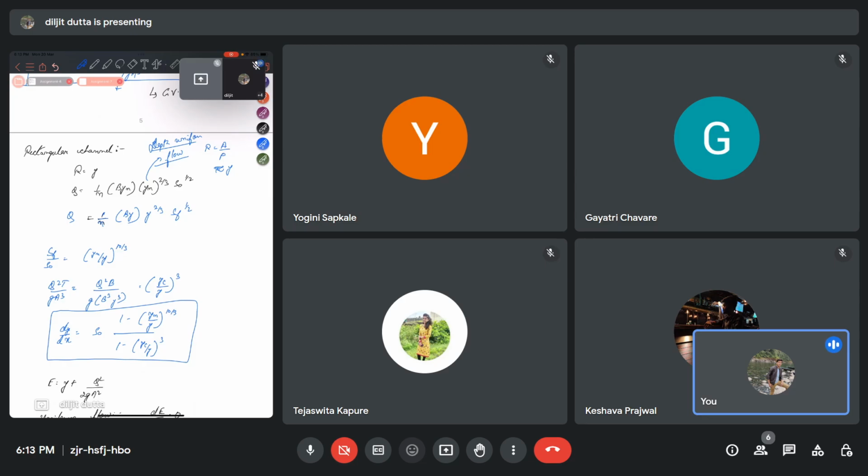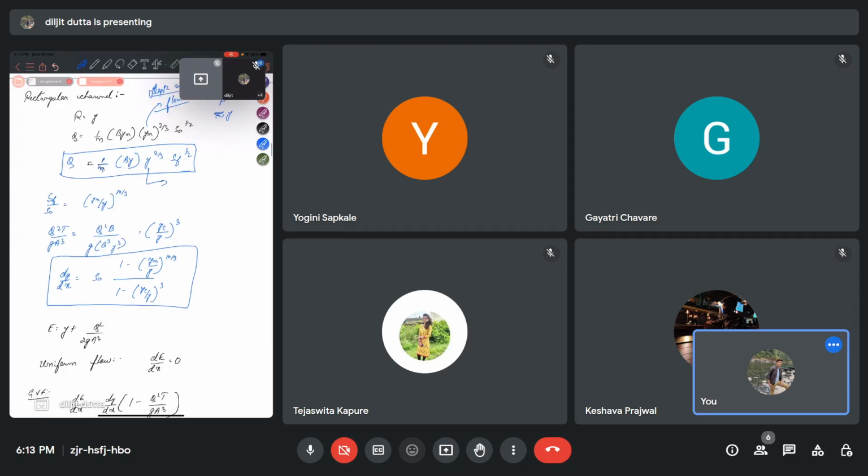And secondly, without considering uniform flow, we can get the discharge as this formula, simply taking y instead of yn. If we take the ratio of the two formulas and consider the discharge to be the same, then sf by s naught will come as yn by y to the power 10 by 3.